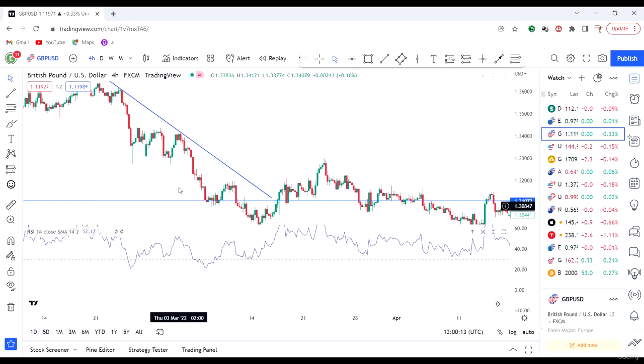So as you can see, the market came here, the market was making lower lows and then it consolidated around this point and then came and tested this trend line while also being in the overbought region.